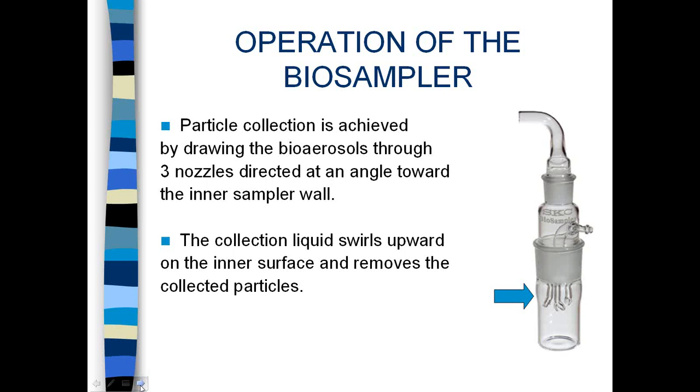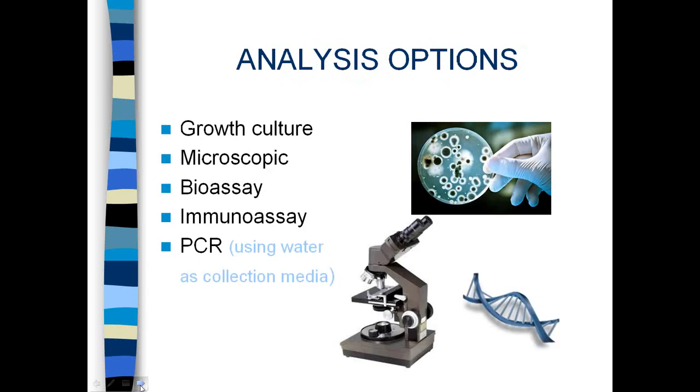Again, this gentle swirling action helps to ensure viability. Analysis options with the biosampler are shown here. As always, with any analysis, check with your lab before collecting the sample to ensure they have the capability of providing the analysis you need.